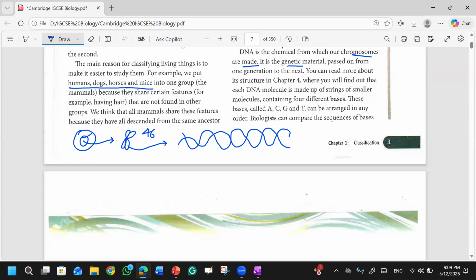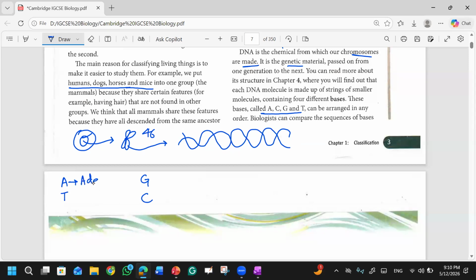Now, one more thing we discussed was the base pairs. What are the base pairs in the DNA? Like the different bases, A, C, G, T. What are their names? You must know their names.